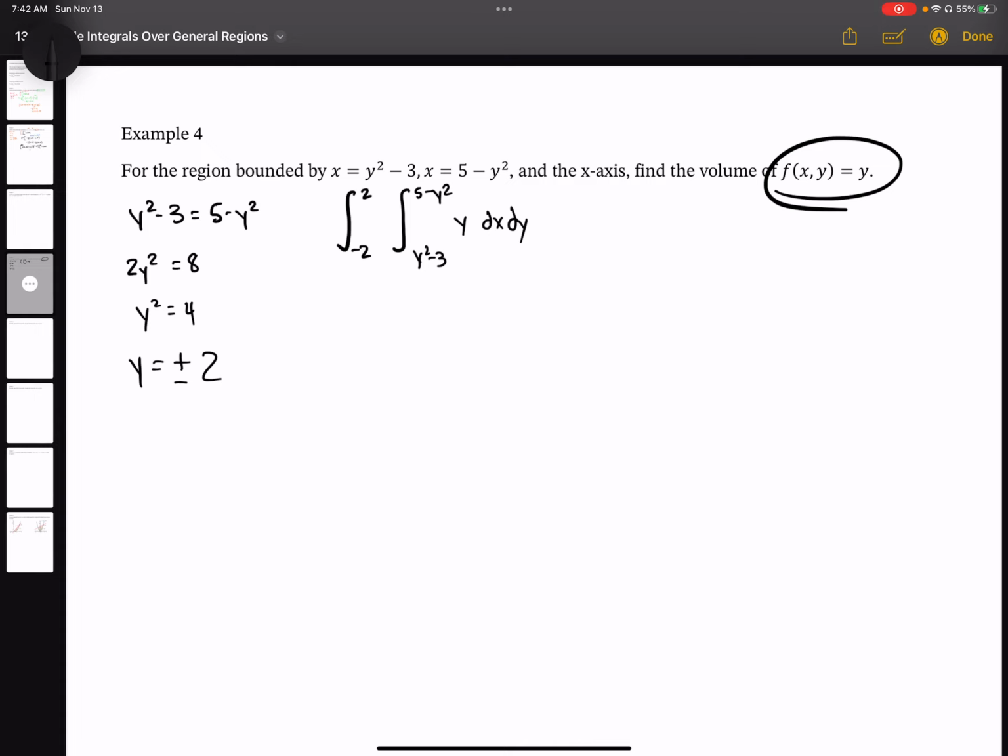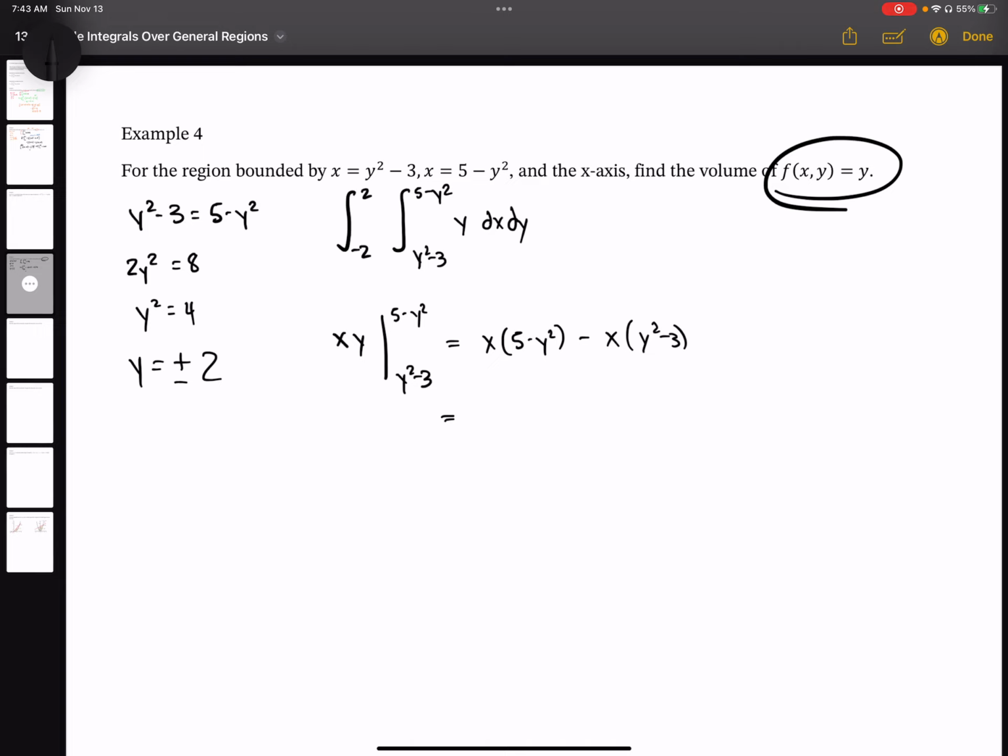So since y is a constant, what we're going to get first is just x times y evaluated from y squared minus 3 to 5 minus y squared. That's going to equal x times 5 minus y squared minus x times y squared minus 3.